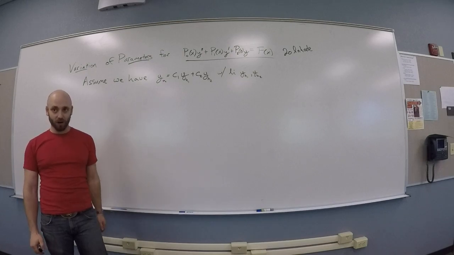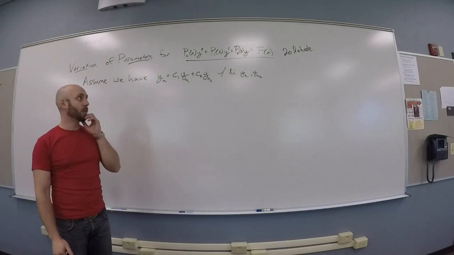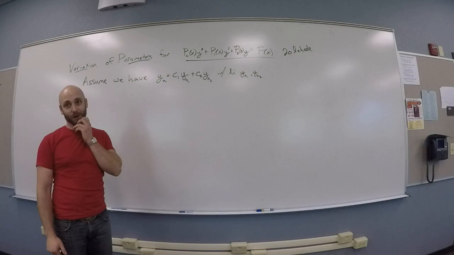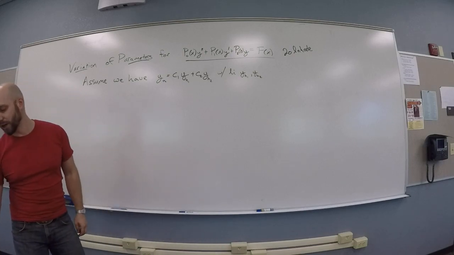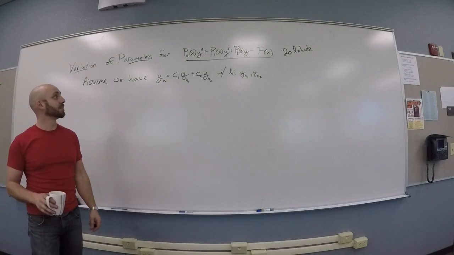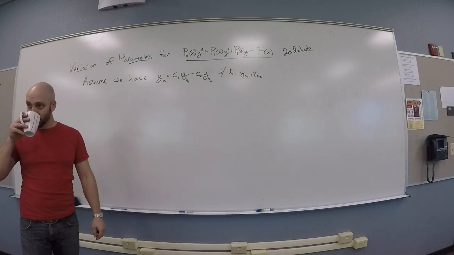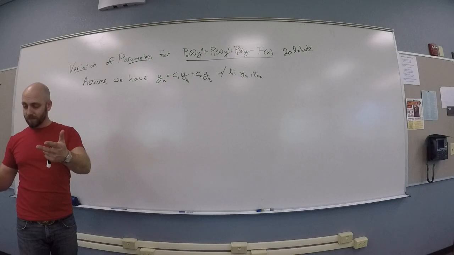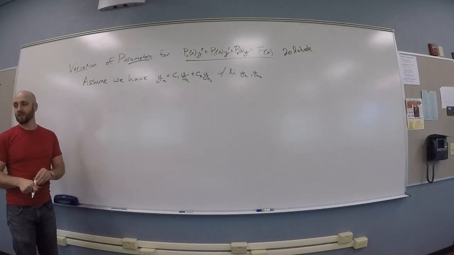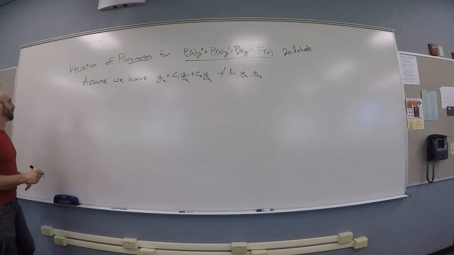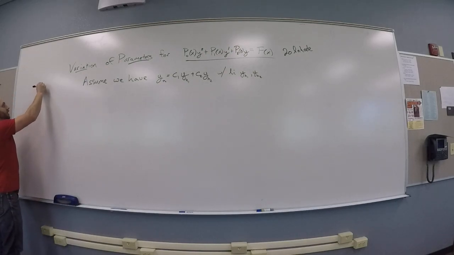If we start there, what we need is a way to run variation of parameters. So how does variation of parameters work in the first order case?